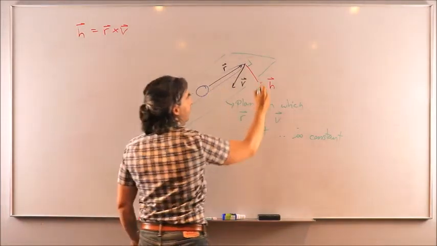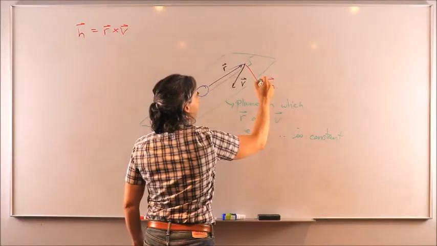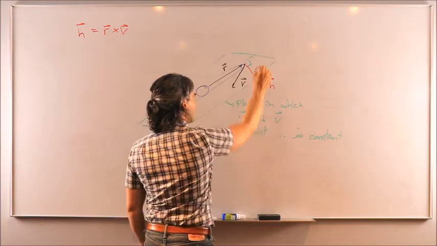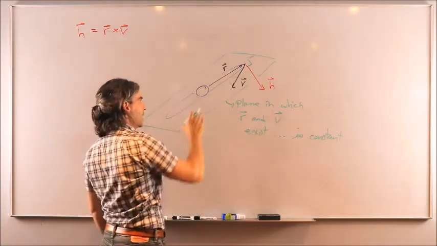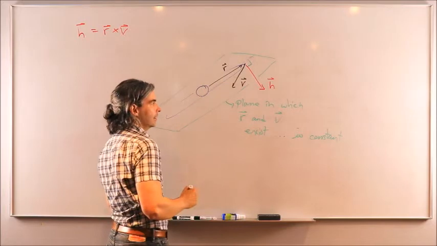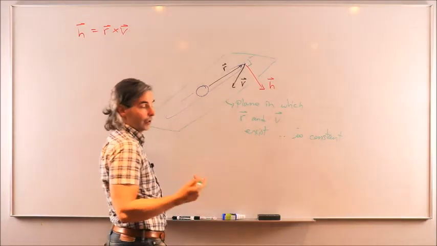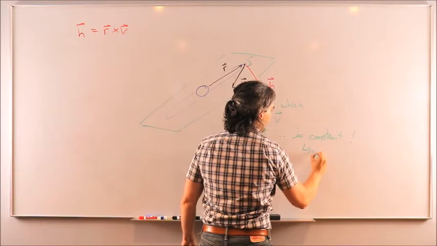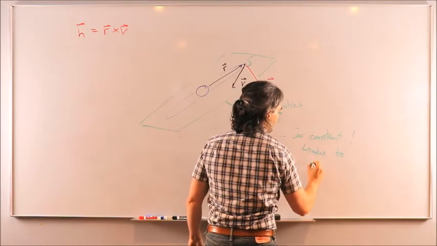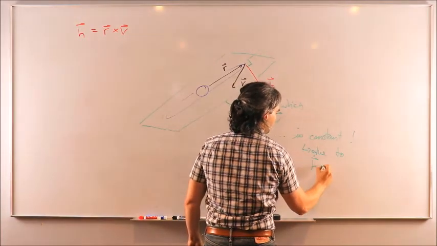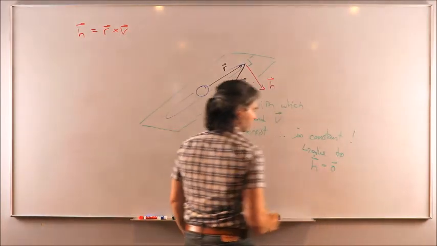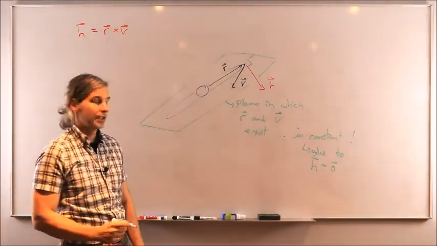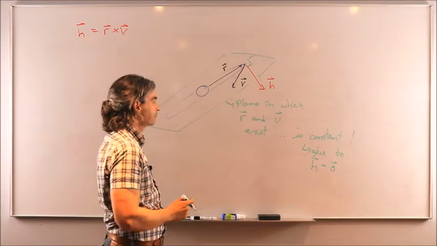But that's not the case. Okay? H is constant, and so is the orbital plane, because that plane in which r and v exist has a name and is known as the orbital plane. It's constant. I'm going to say due to h dot equal to the null vector, or due to the conservation of specific orbital angular momentum.